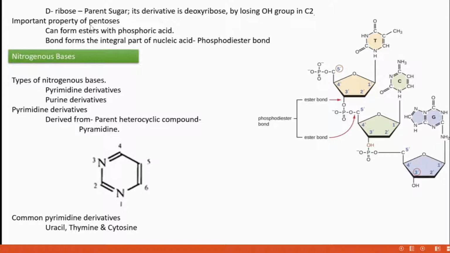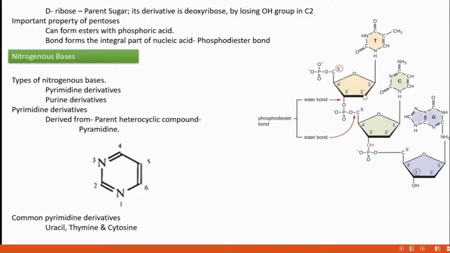Then an important property of the pentoses: they can form ester bonds with phosphoric acid. That's an important property, and the bond that forms is an integral part of nucleic acid. The main skeleton of nucleic acid is formed with the help of a type of bond. That bond is the phosphodiester bond. I will show you that bond here. This is one sugar, this is another sugar, this is another sugar.